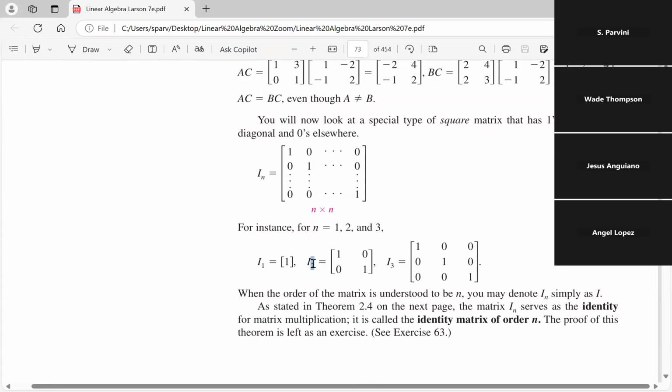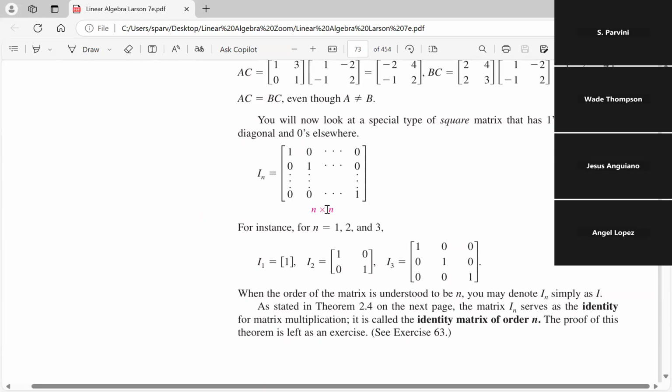Look at I sub 2, that's a 2 by 2 matrix. There it is, 2 by 2. The identity matrix always has diagonal elements that are 1. Every one of the diagonal elements must be 1 and 0 elsewhere.